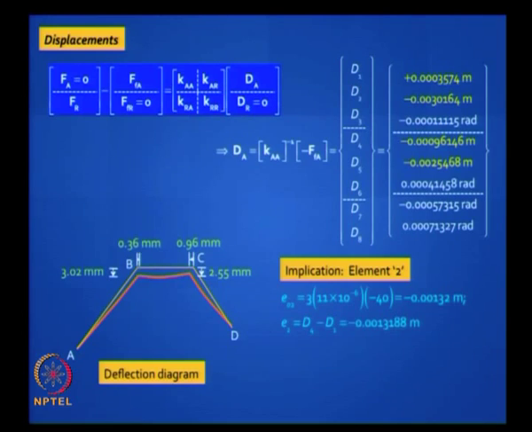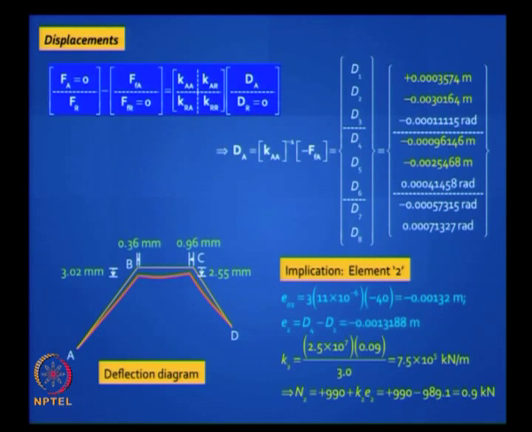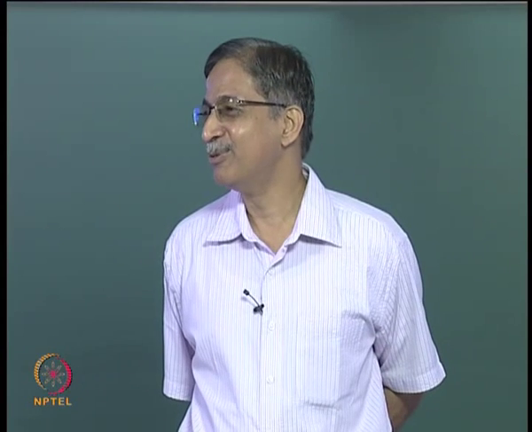It turns out to be very close to E01, so close that you can find the actual stiffness of that element, EA by L of the element, multiplied by that and add the fixed end force: plus 990 minus 989.1. Ladies and gentlemen, the force is less than 1 kilonewton. This is really beautiful, right?